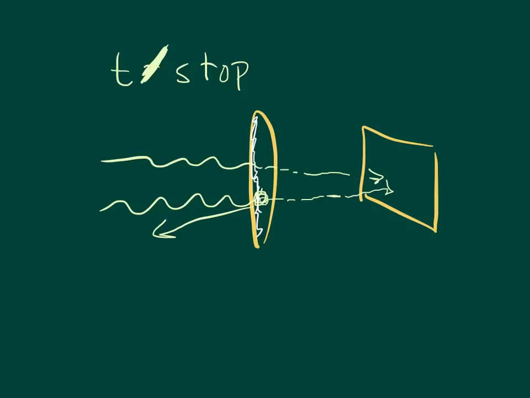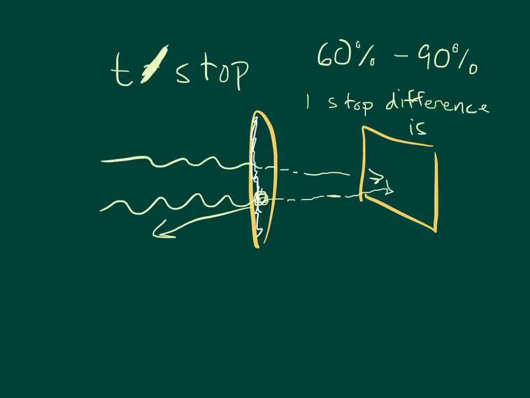Most lenses only transmit about 60% to 90% of the light that gets into them. And we know that one stop difference is a 50% decrease in light, right?